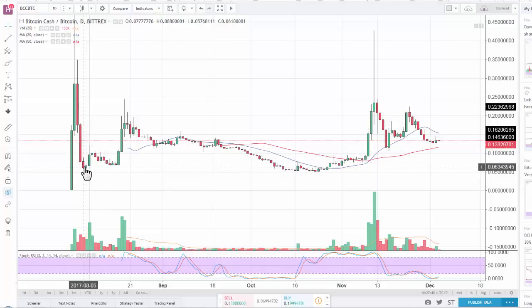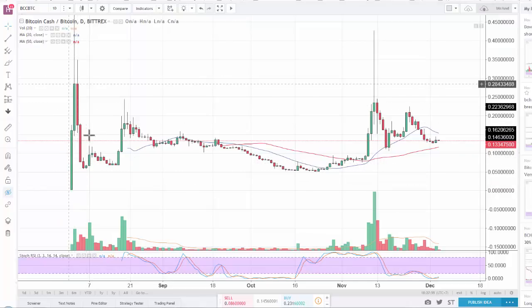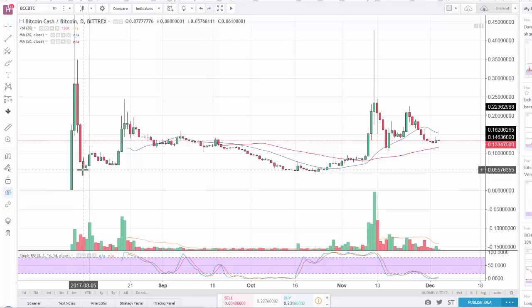I'm just going to say it was released here because this first part here is not realistic. It was not tradable. Maybe the exchanges did trade it after the hard fork, but it became available to the public the 5th or 6th of August. So I'm going to call this the first day.